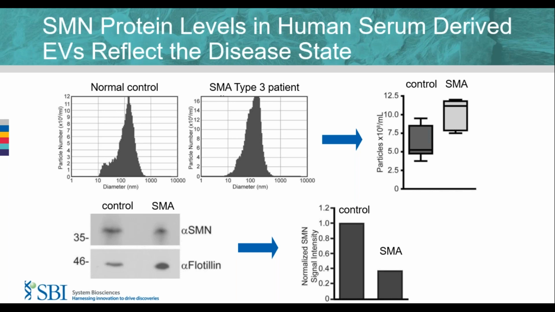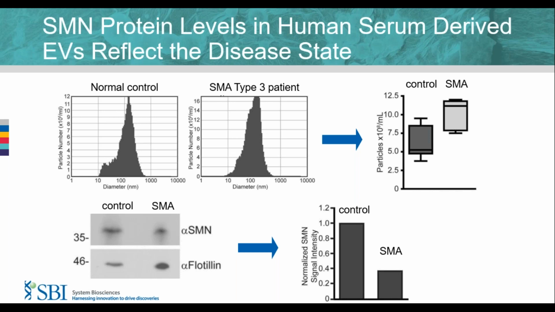In these plots on the upper left-hand side, you can see the nanoparticle tracking analysis of EV count for both a normal control-derived human serum-derived EVs and an SMA patient. And you can see that they could detect an increase in the number of EVs. However, although there is a higher number of EVs being released, the content of SMN is much lower in SMA than in controls.